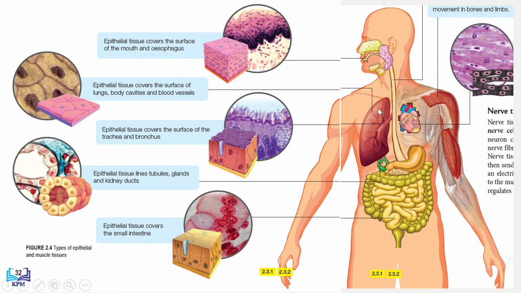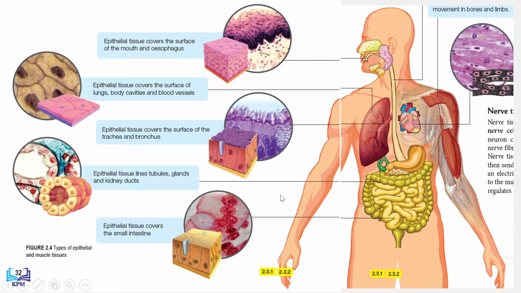Here, the lung cavities, the body cavities, the lungs, the blood vessels, trachea and bronchus, kidney ducts, tubules, glands, as well as the smaller intestines.